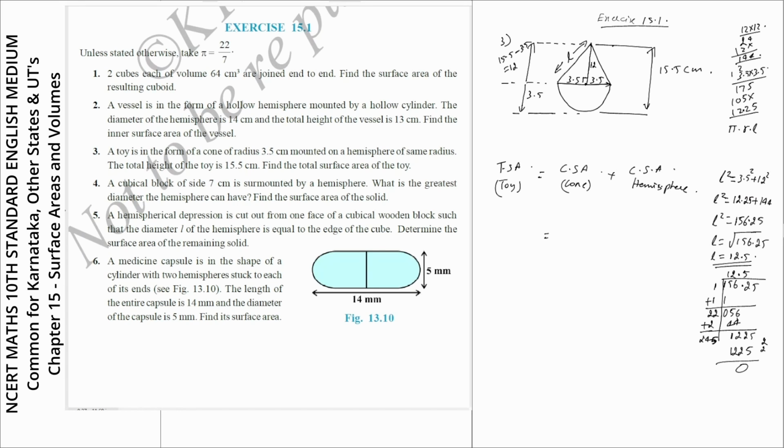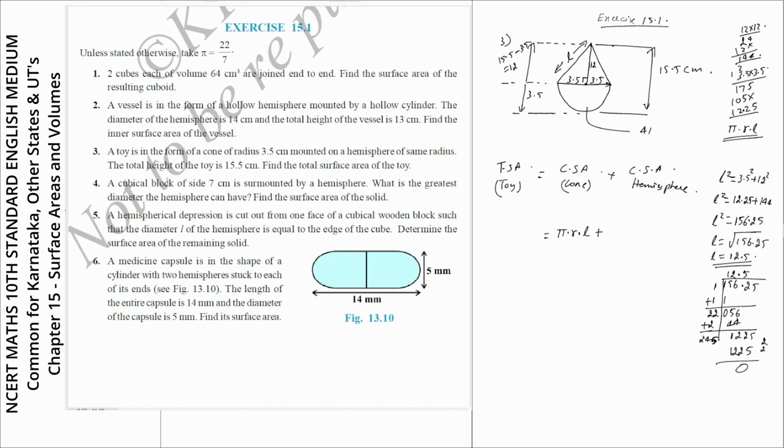So now coming to curved surface area of cone. Curved surface area of cone is given by pi into r into L, plus curved surface area of hemisphere. What is the curved surface area of hemisphere?